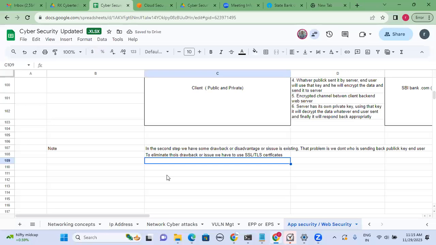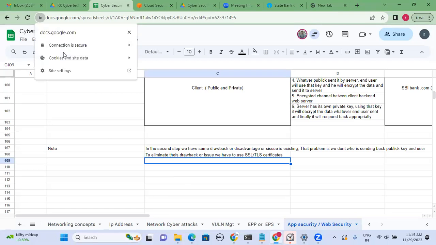So to eliminate the drawback of whether the SBI Bank server really sent it or a hacker sent it on behalf of the respective server, we have to use SSL TLS certificates. Now you can see here, how can you identify whether a hacker sent it or the legitimate server sent it, based on the domain name. So the connection is secure.